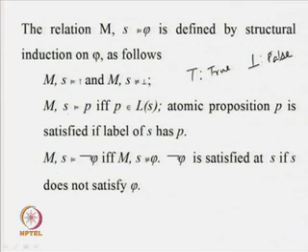Similarly, if a particular state S of a model M models not of phi, that means the negation of phi is true over here. Basically, it means that this state S of model M does not model phi. So, if it does not model phi, you can mark it with not of phi also. I have already mentioned that the negation of an atomic proposition we are not going to mark by default, it is there.